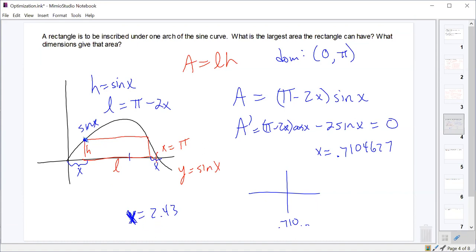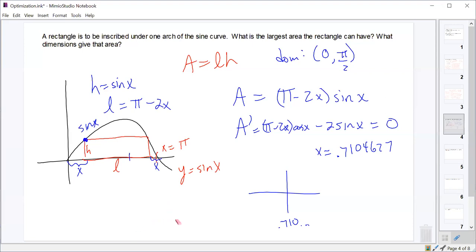Or I'm not going to get this nice, big old rectangle in here, because I can't go over more than half of pi here. So really I should have said the domain was 0 to pi over 2, because pi minus 2 times 2.43 is going to give us a negative length. Does that make sense? Yeah.